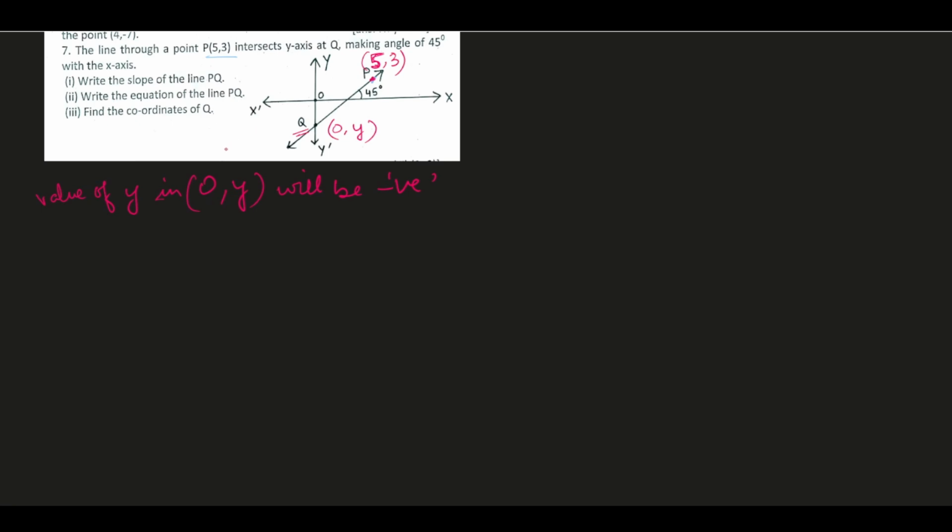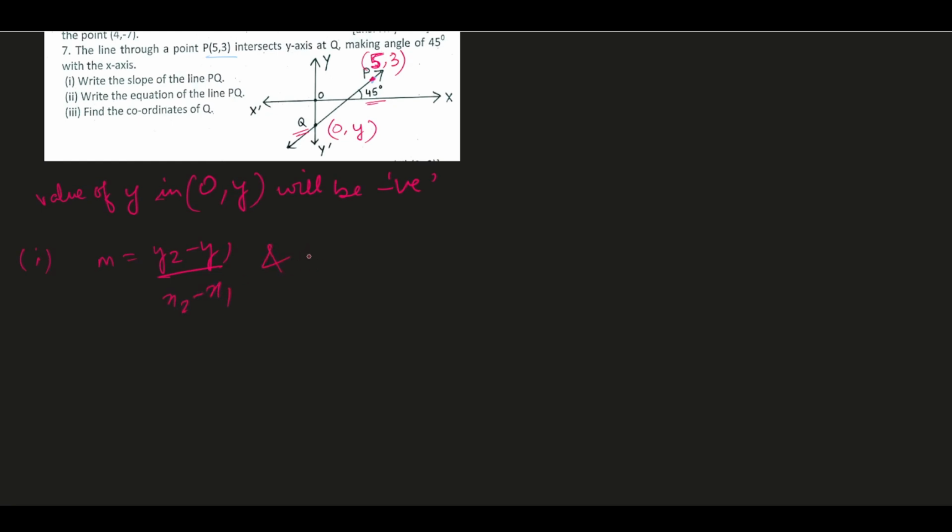Making an angle of 45 degree with the x-axis. It's already given. The first part, write the slope of the line PQ. So we studied the formula of the slope of the line in 2-point form as m is equal to y2 minus y1 divided by x2 minus x1.